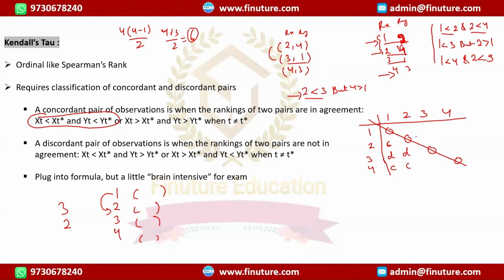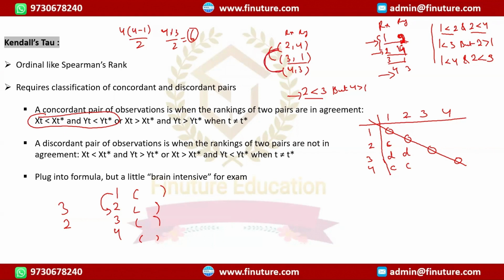Now what we are left with is just the comparison of three with four. I think I just made a mistake. The second comparison over here should not be between three and four. It should be between these two pairs.